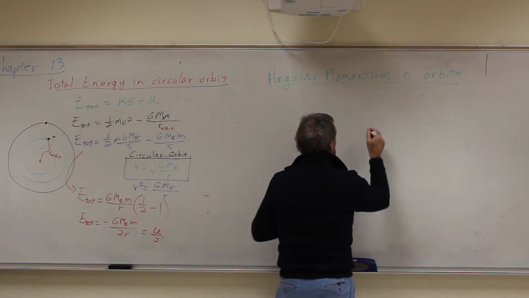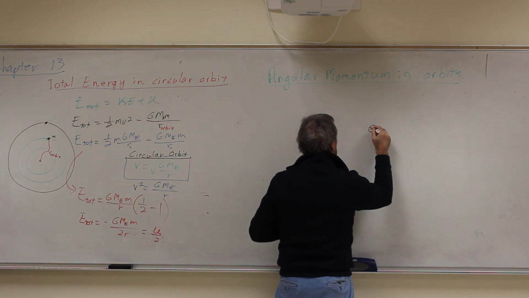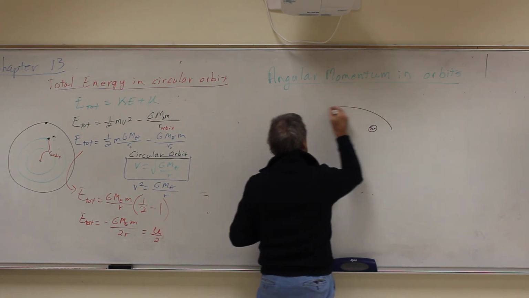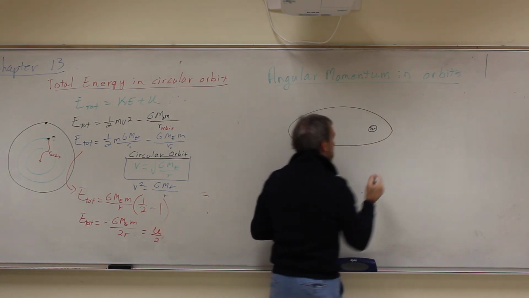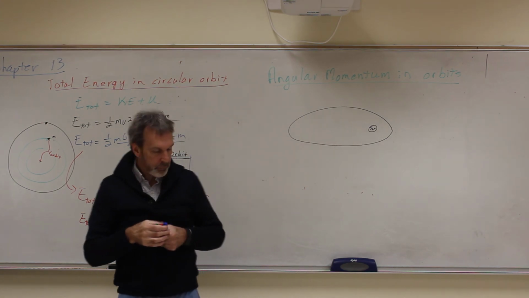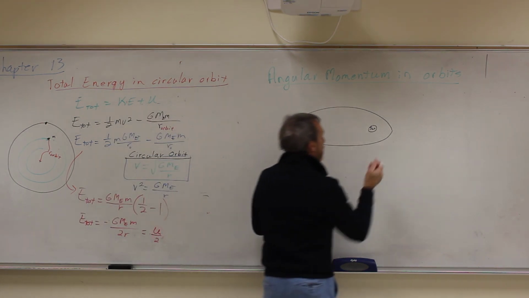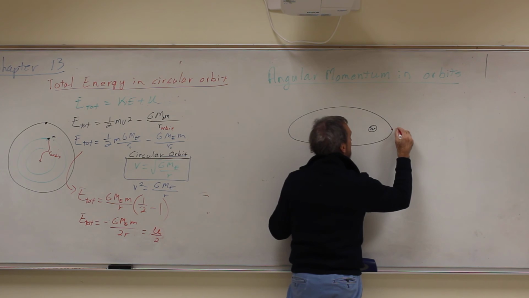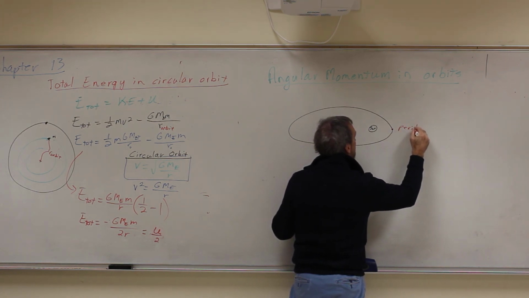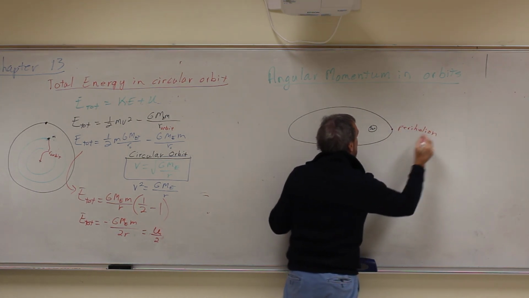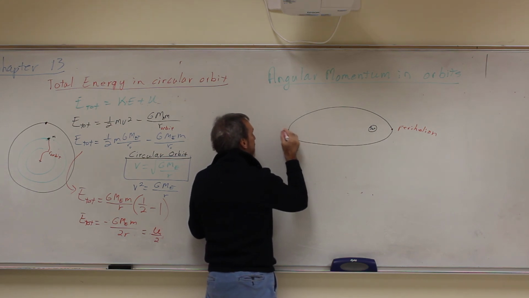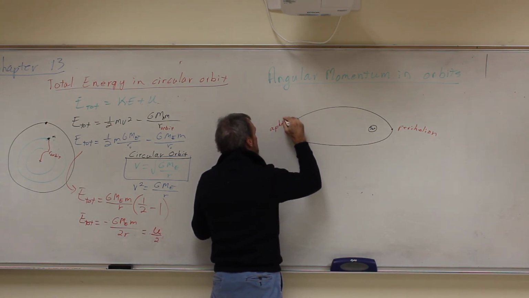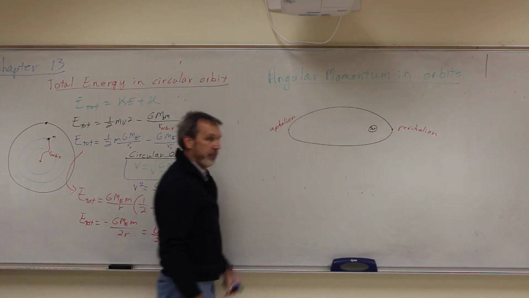So let's say we have an orbit like this. Here's the sun, and we have something that goes in a fairly eccentric orbit. Remember from our definition, over here is perihelion, closest to the sun. When it's out here, it's at aphelion.